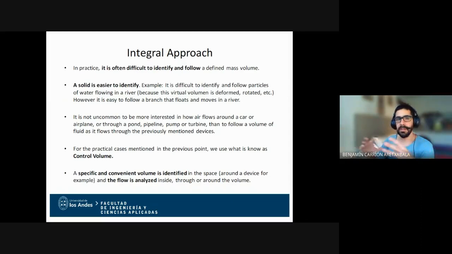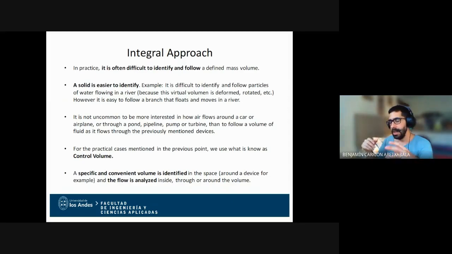So you're interested in what happens, I don't know, in a section a few kilometers long, and not what happens with each individual drop in it. So in a practical way, we're normally analyzing a specific volume or a specific region, and we call that a control volume.